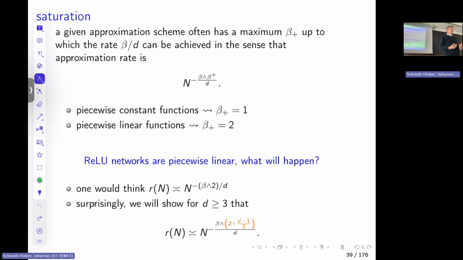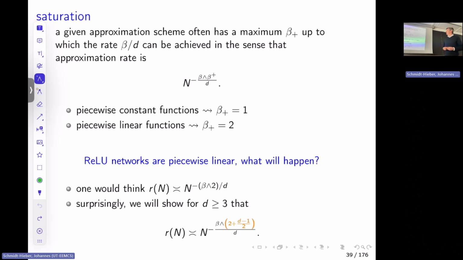And the surprising thing that I tried to convey was the saturation that we typically see in approximation theory: if we take a non-smooth class of candidate functions to approximate a smooth class, typically you don't get the good rate, which is beta over d. This happens much later for shallow networks, because it's not the smoothness of the activation function, but the smoothness of this integrated version, the infinite width networks, that matters for the approximation rates in the end.